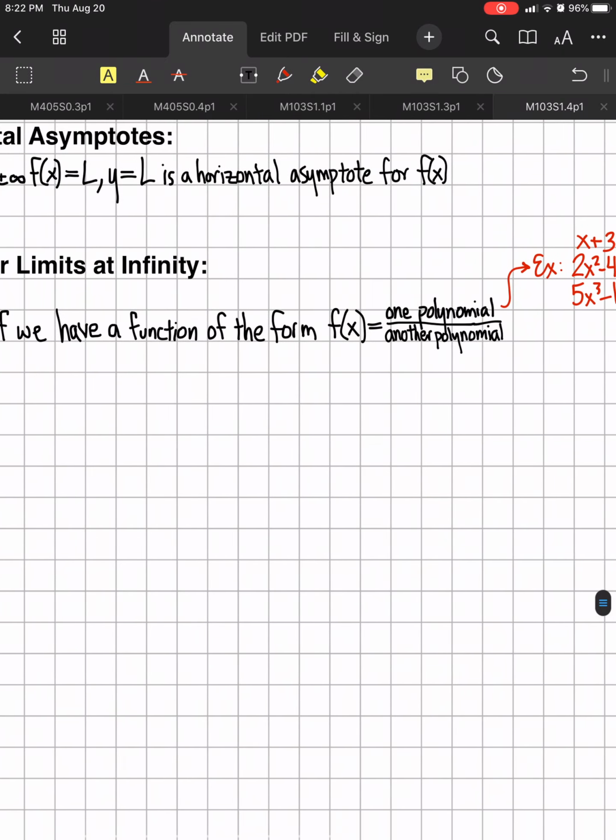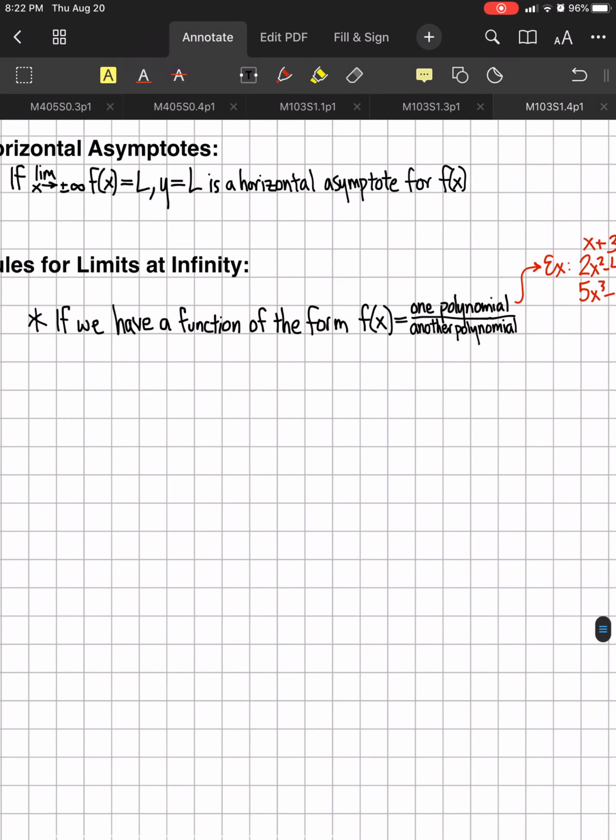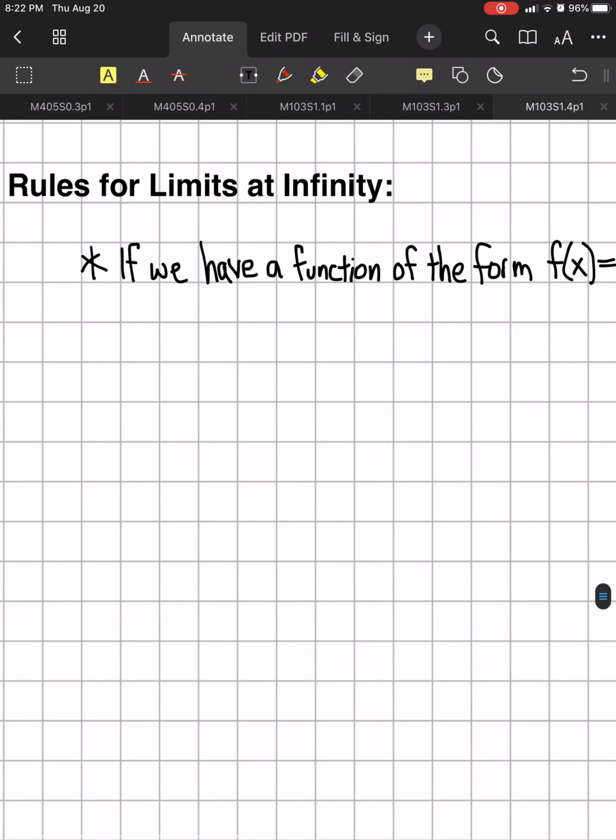So if we have a function of that form, essentially we have a very short solution to figure out what our limits at infinity are.